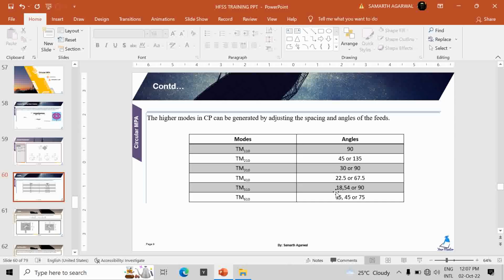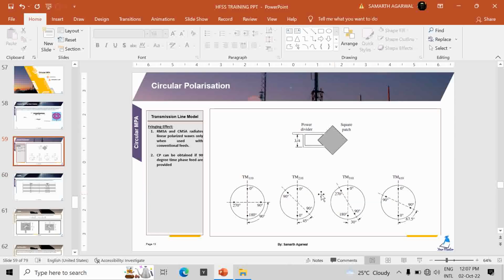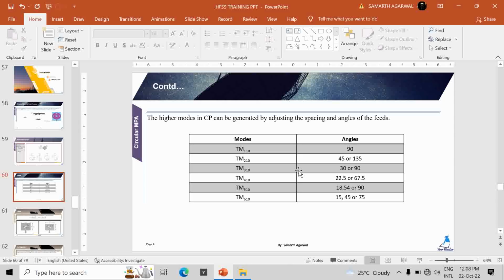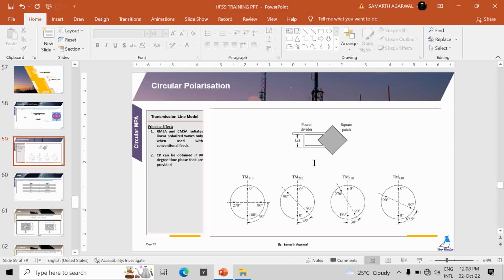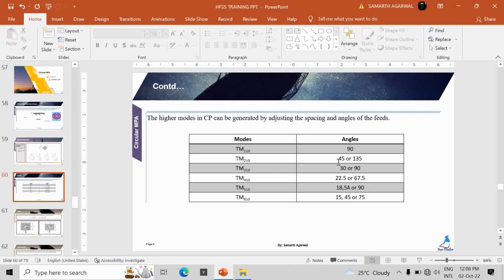Higher modes in CP can also be generated by adjusting the spacing and angles of the feeds. So TM110 is 90-degree angle, TM210 as I've mentioned is 45-degree or 135, because it will be the multiple of 180 minus 45, which is 135.